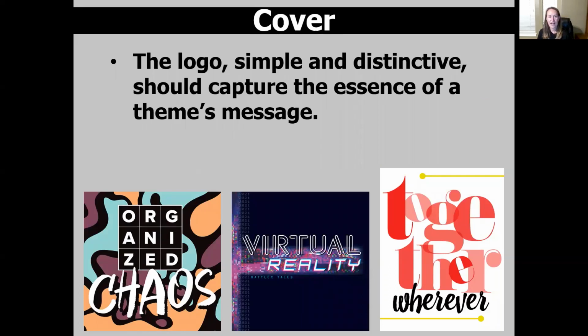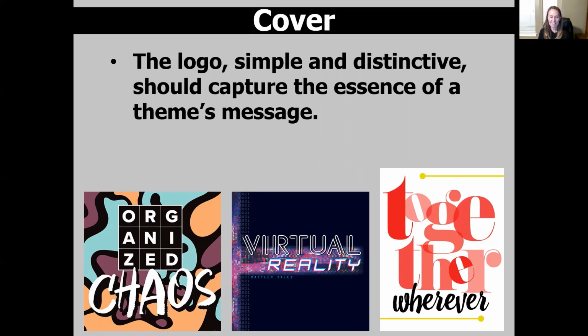The cover should have a logo, just your theme as a graphic that really grabs the reader's attention. It should be simple and distinctive, and it should just capture the message. With these three examples, the first one is organized chaos. So the word "organized" has a very organized look, and then "chaos" was a little bit more all over the place.